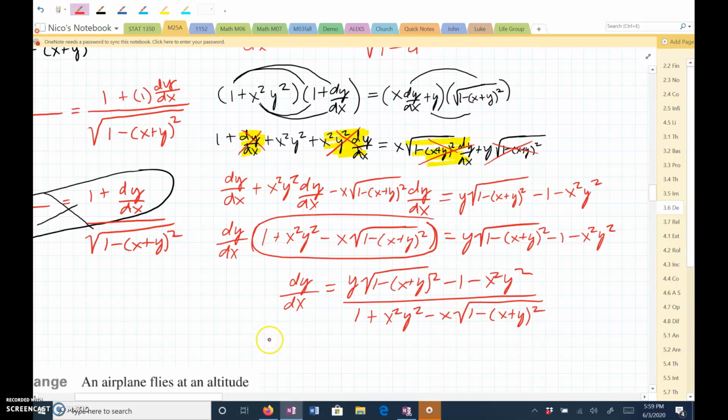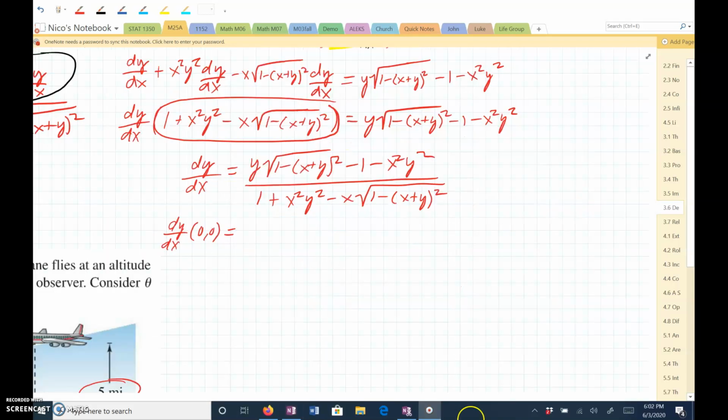Now I need to figure out dy/dx at 0, 0. So everywhere there's a y or x, I'm going to plug in 0.